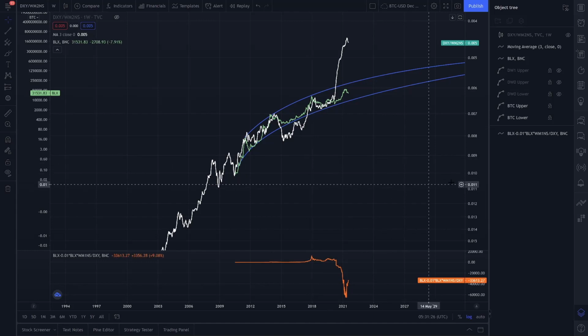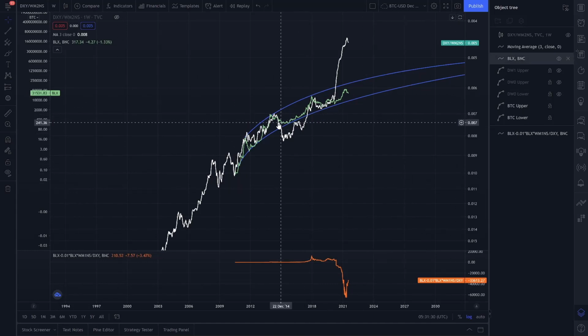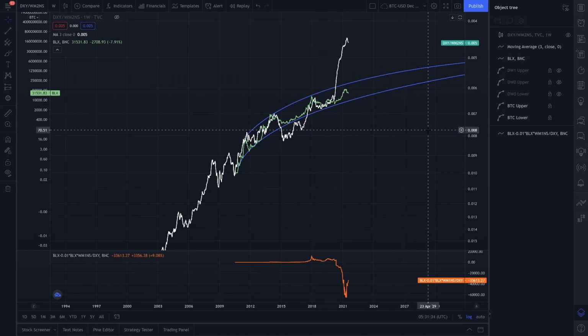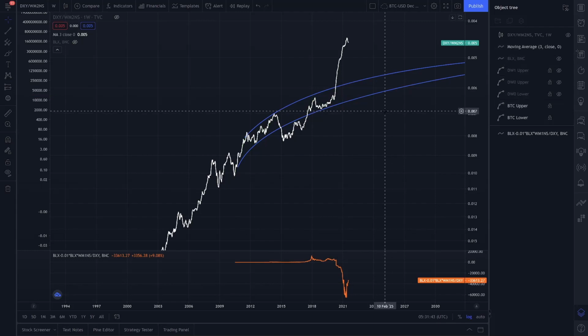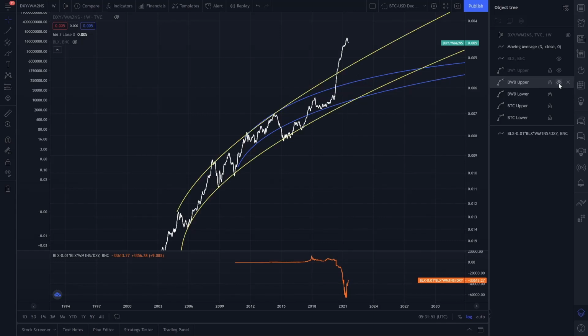So to do this, let's remove our view of Bitcoin from this chart, and we'll keep our regression bands there. And instead, we'll go ahead and add some regression bands to our value metric. Alright.